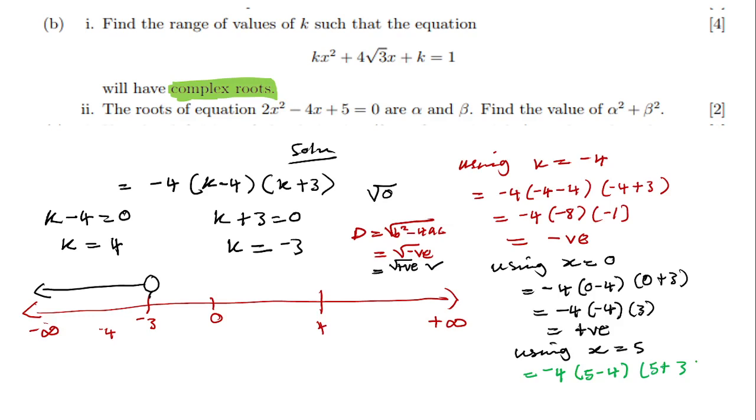So this one will give you negative 4, and then 1, and then 8. If you work out these guys, it will give you a what? A negative value, which is also not agreeing.